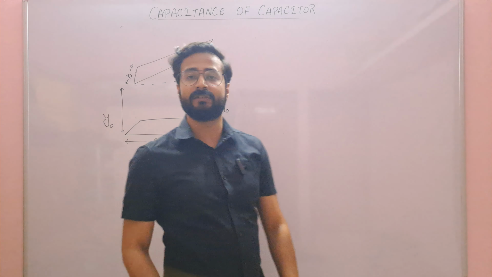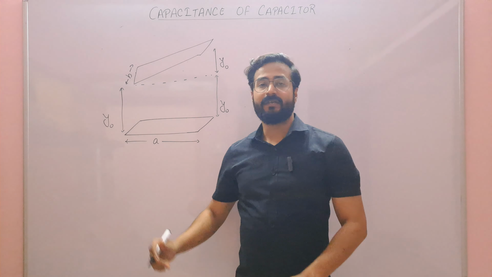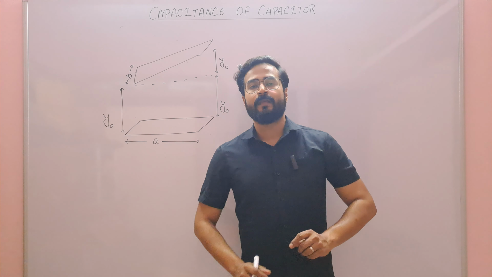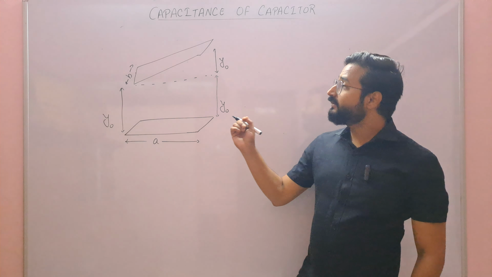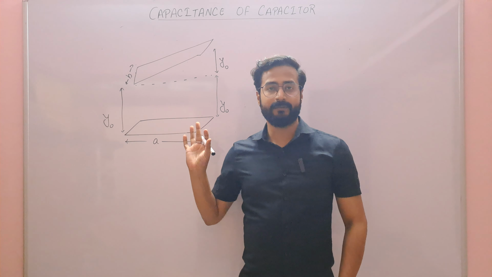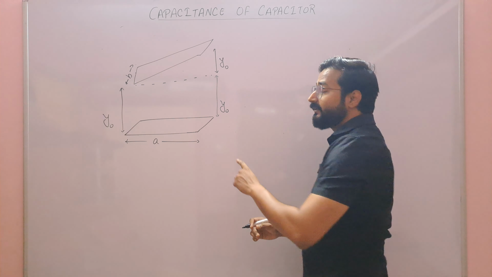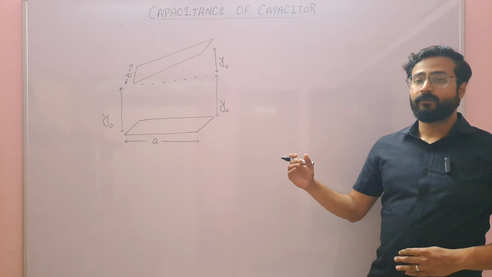In this particular question, the medium between both the plates is vacuum. We'll consider epsilon naught over here. Now the question is to find the capacitance of this setup. So here we can see the distance between the plates is variable.